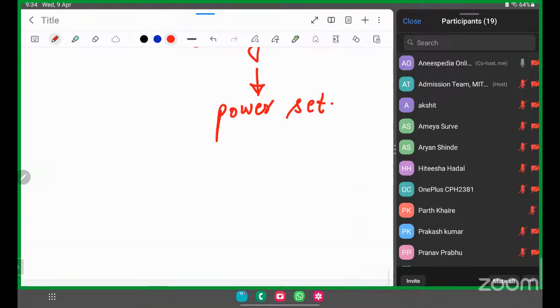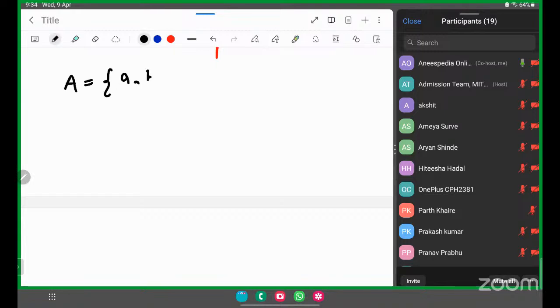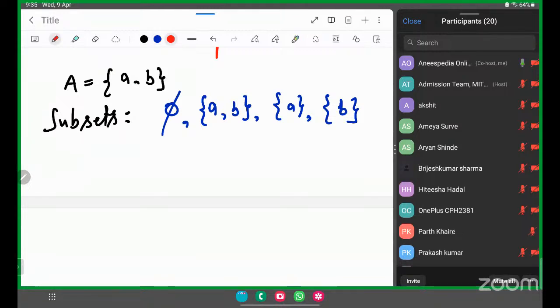For example, if we have set A as A comma B, first we will write all the subsets. Subsets are phi, curly bracket A comma B, curly bracket A, and curly bracket B. Now make a new set of these.